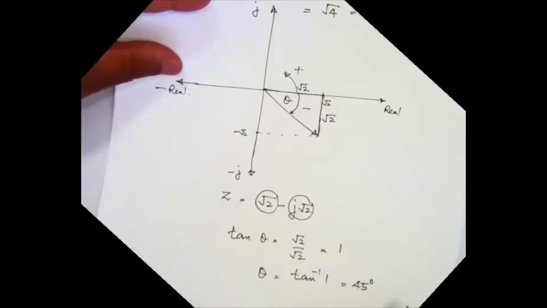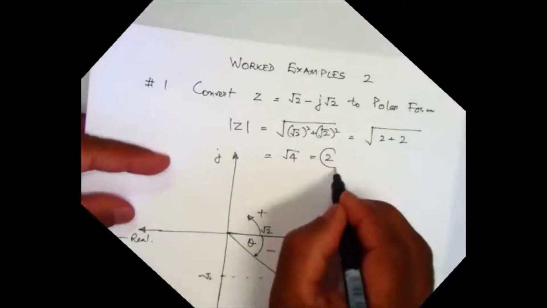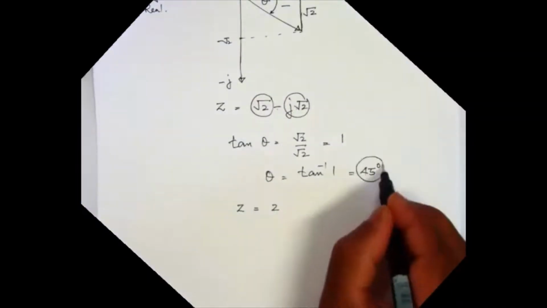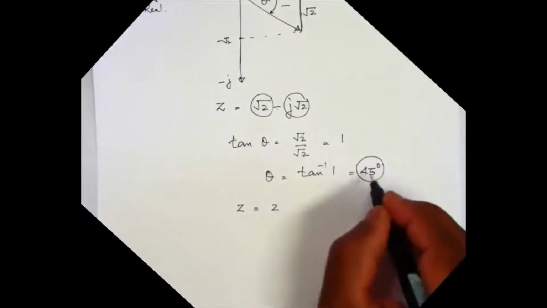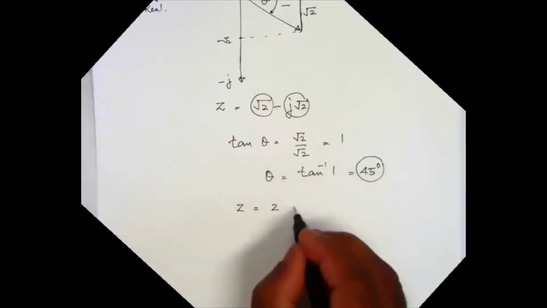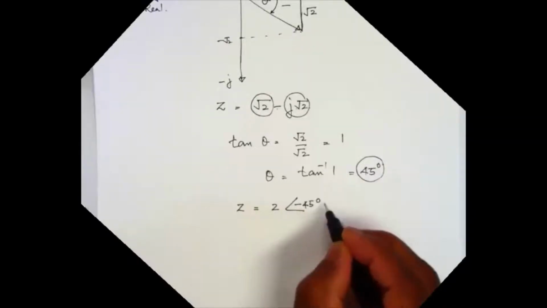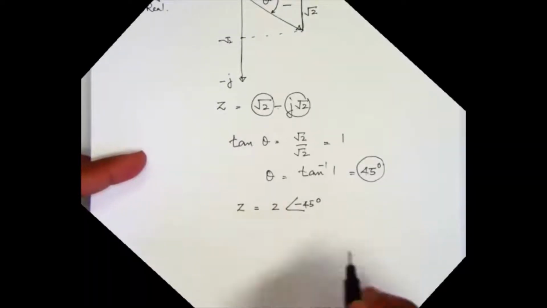So now our complex number can be represented in polar form like this: 2, which is the modulus, and then 45, that is the argument, but here that is negative 45, because we measure it in the negative direction.